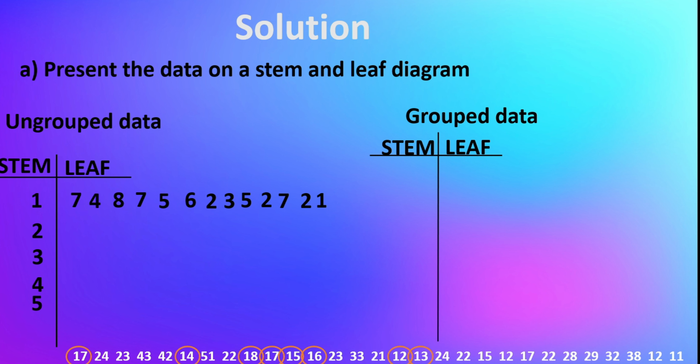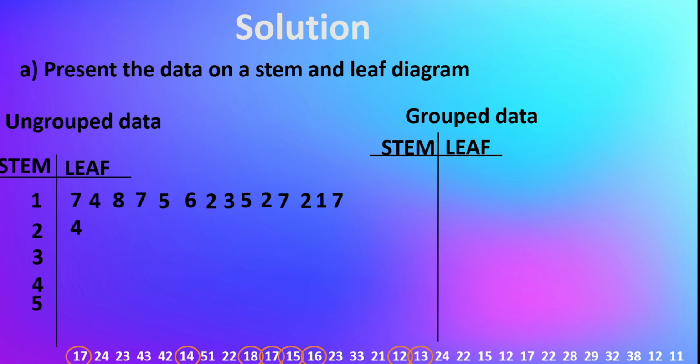Similarly, on 2 we are going to take all the numbers that have a 2 before the units. Just before, we were taking the numbers that have a 1 in the tens place. In this case, we are now taking the numbers that have a 2 in the tens place.